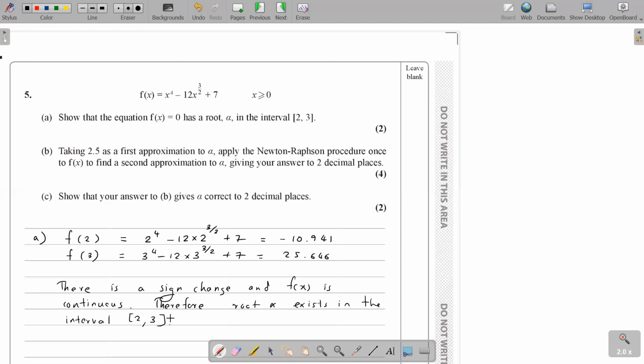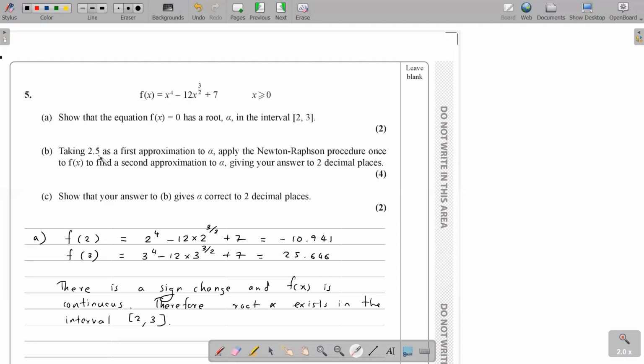So in this interval, you definitely have a root because there is a sign change, and because the graph is continuous. By continuous, it means that there are no asymptotes. For example, in graphs where you have x in the denominator, any x value that can make the denominator 0 creates an asymptote. So here we don't have such a problem.